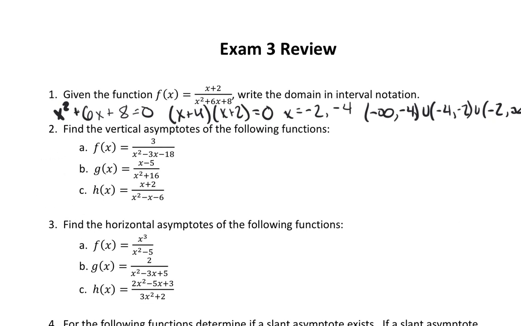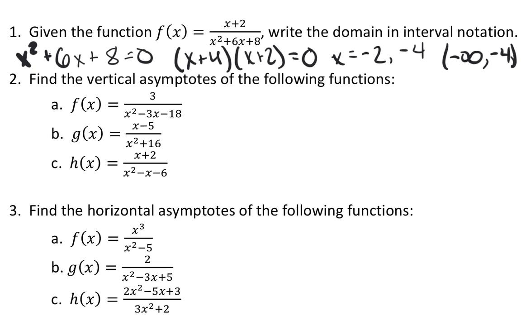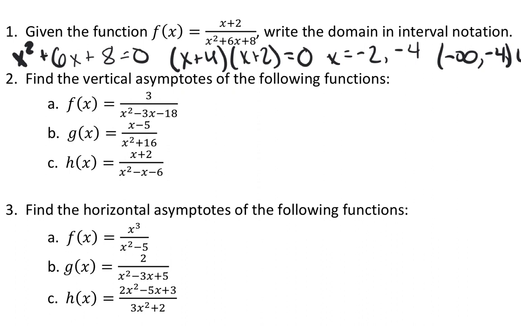So find the vertical asymptotes of the function. It's kind of the same thing that we did in problem 1. Vertical asymptotes are where the denominator equals 0 because we can't have a 0 in the denominator. So there's going to be an asymptote there instead of a point.